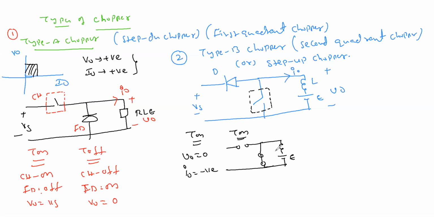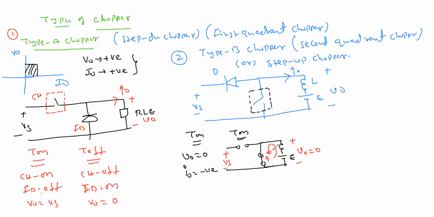This is how current is going, in this direction. So V0 equal to short circuit होगा, Vs इधर है. Since it is short circuit, the diode won't conduct, it gets open. So V0 is 0, but current is in the opposite direction.